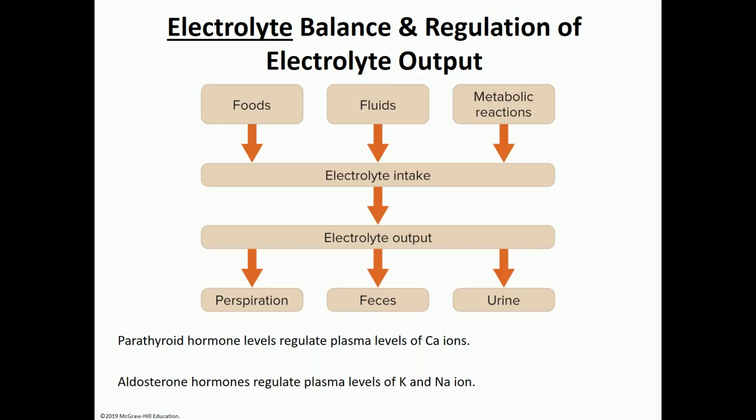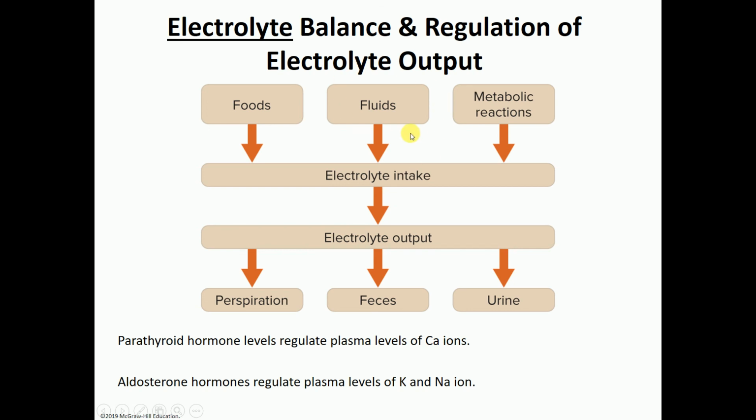Now for the process of electrolyte balance. How do we take in electrolytes and how do we get rid of electrolytes? So you'll find that electrolyte intake is basically almost the same as water. So we get electrolytes with fluids, foods, and metabolic reactions. Remember that electrolytes are very closely associated with water.